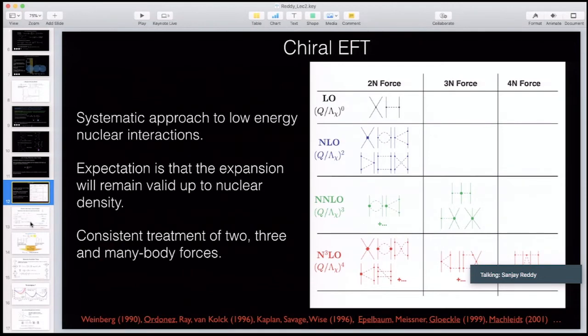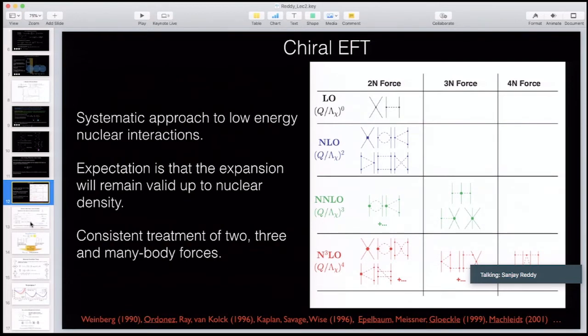And we expect this lambda chi to be of order 600 or 700 MeV, because the heavier mesons have masses of order 600 or 700 MeV. The scale has to be determined by fitting to experiment, but we expect this to be of order 600 or 700 MeV.